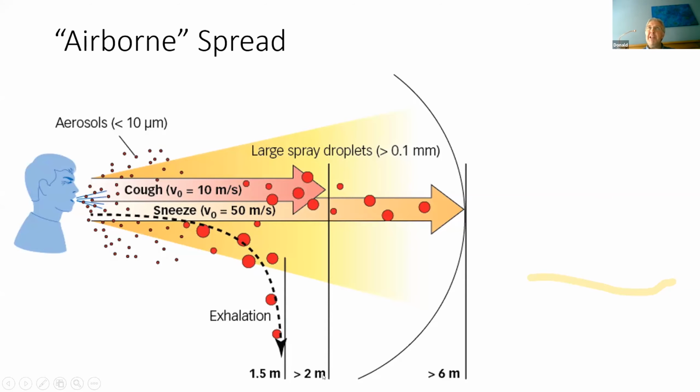So if you have somebody who has COVID-19, you want to be at least 2 meters away if he's coughing. However, if he sneezes, higher velocity, you want to be a long way away from him, at least 6 meters, because his large droplets will not fall to the ground until at least 6 meters.